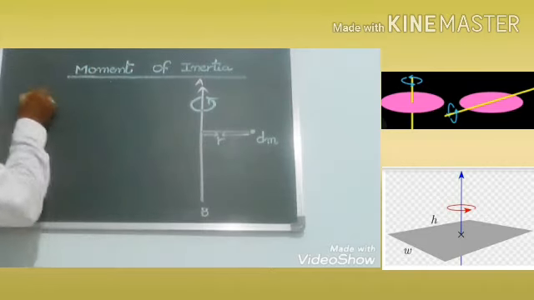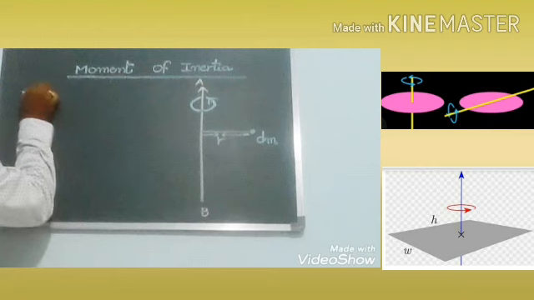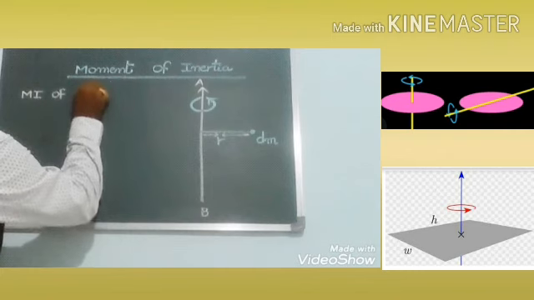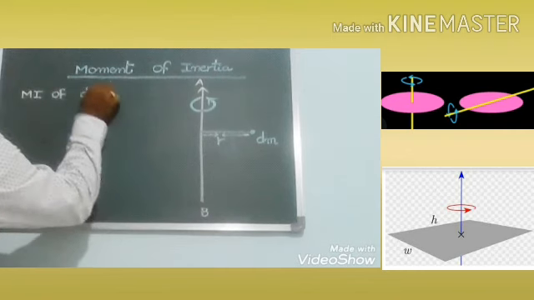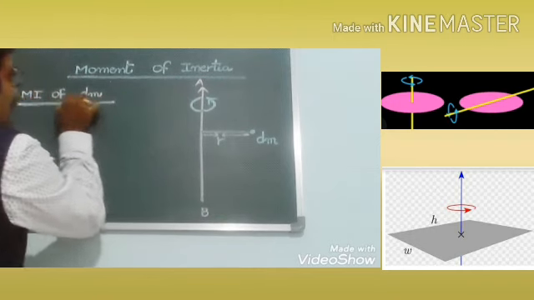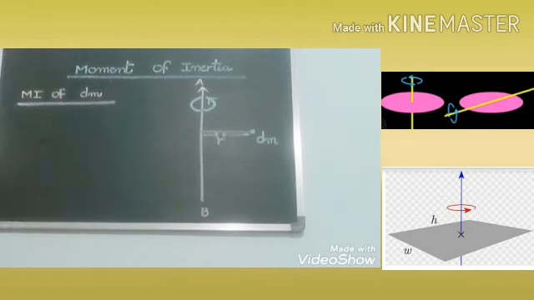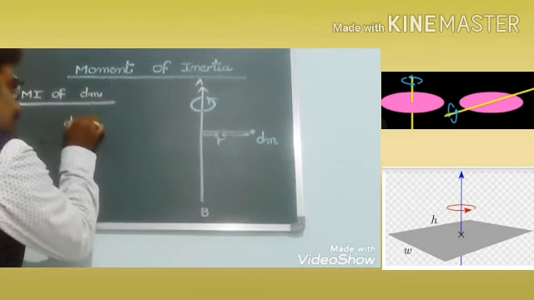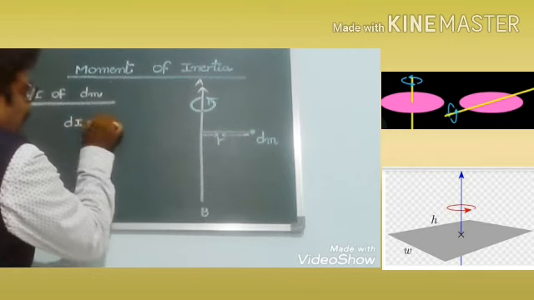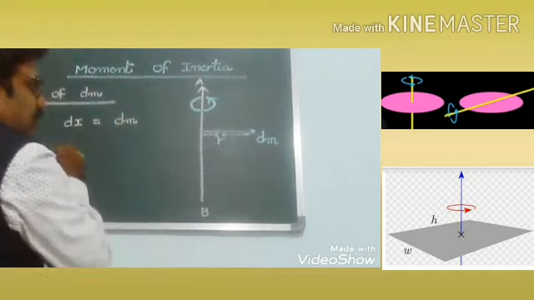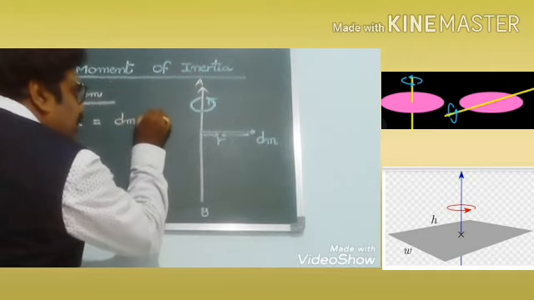Now, the moment of inertia of dm mass of the element, let us say dI, equals the product of the mass of the element, dm, into the perpendicular distance squared, r square.